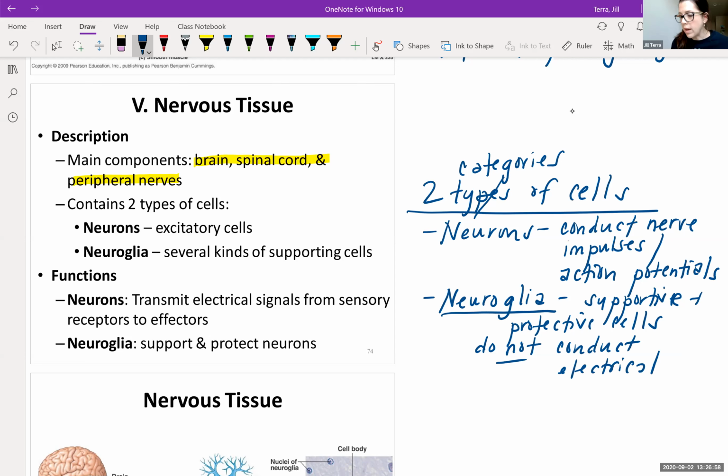They are there to help the neurons and support them in many different ways, but they themselves do not conduct nerve impulses, action potentials, okay?